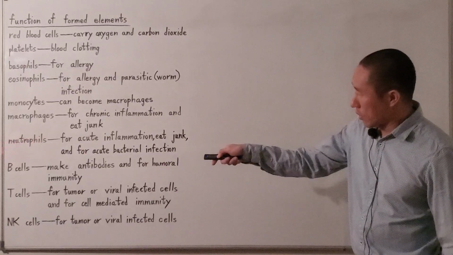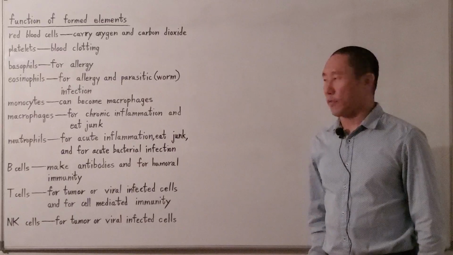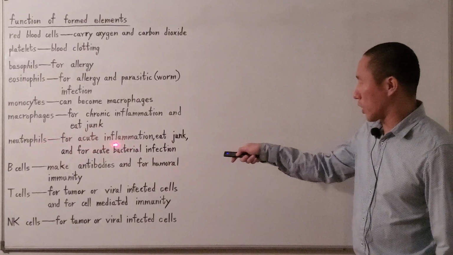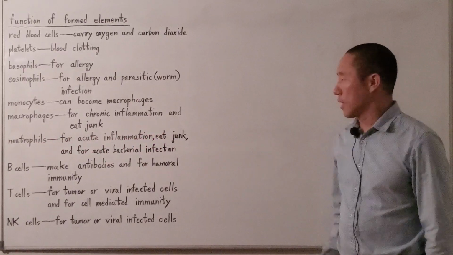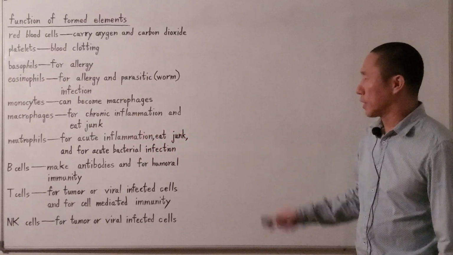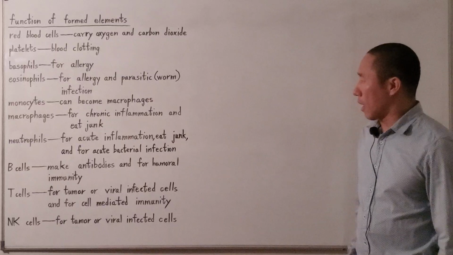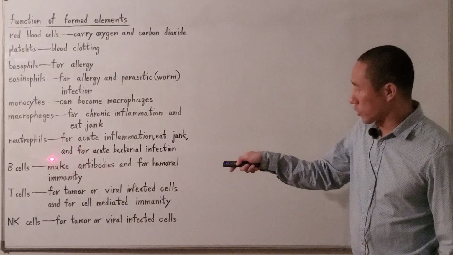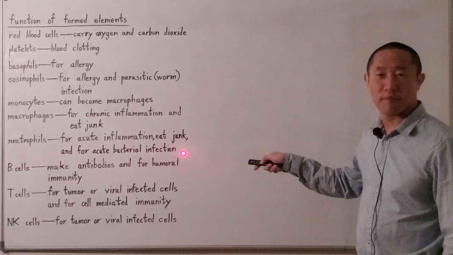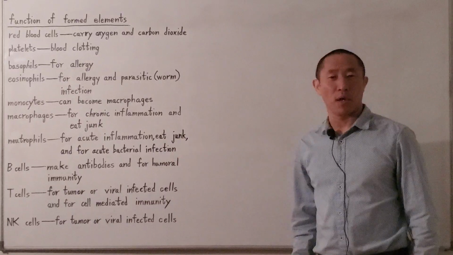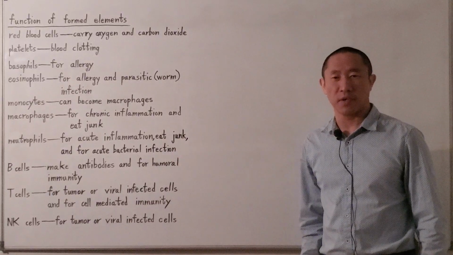Now for neutrophils, neutrophils are important for acute inflammation. Neutrophils also eat junk. So again, we already talked about what eating junk means. Neutrophils are also important for fighting acute bacterial infection. So how can we remember that neutrophils have this function?